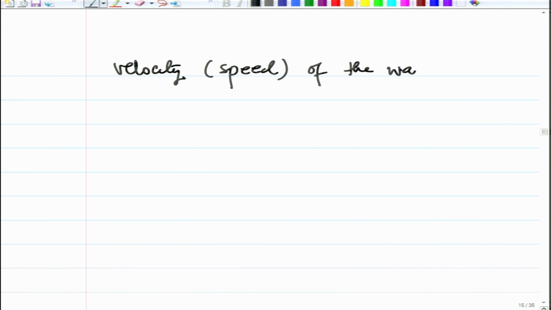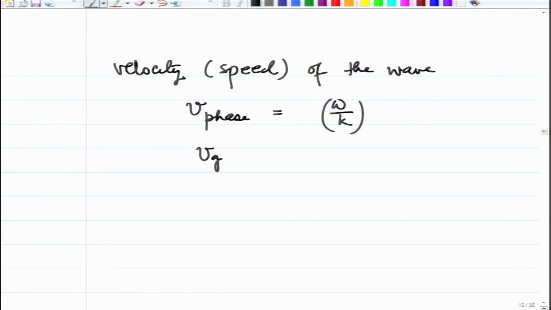What about the velocity? It is better to call it the speed of the wave. There are two kinds of speeds: v phase, which is equal to omega over k, but it is a meaningless quantity in this context, because the information actually travels with something called the group velocity, which is d omega over dk.